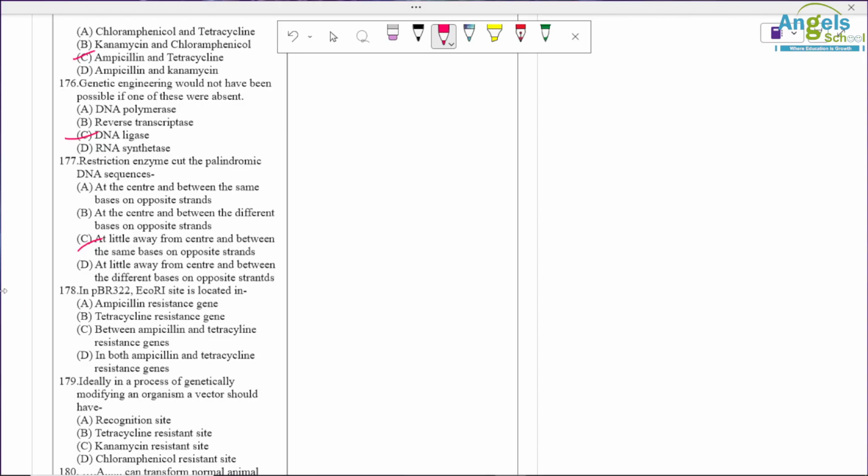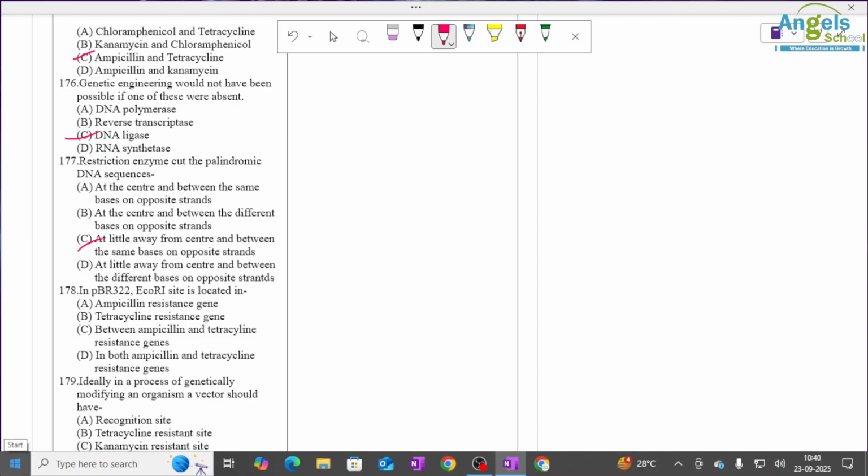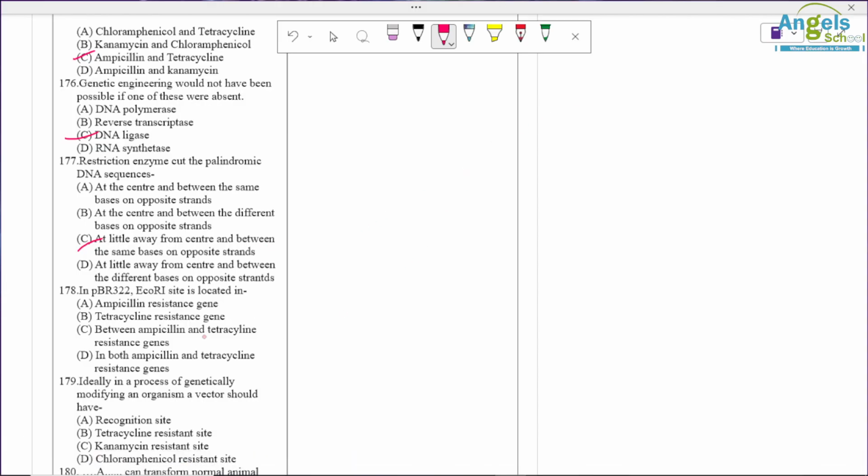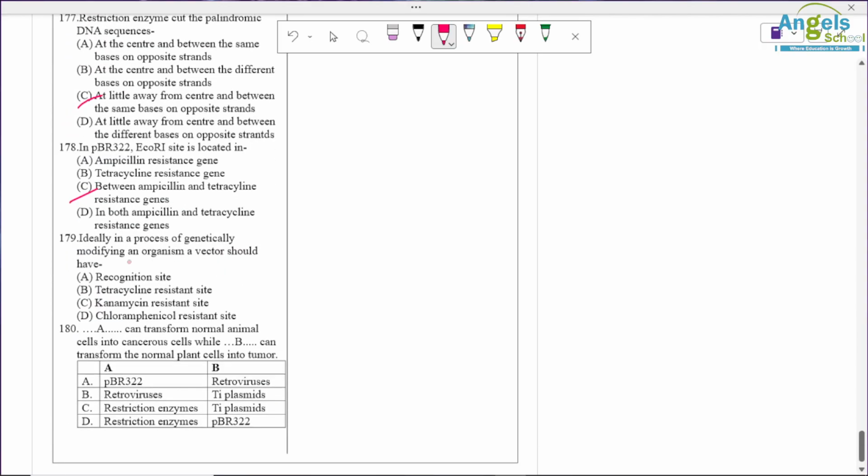In pBR322, the EcoRI site is located in between the tetracycline and ampicillin resistance genes. Ideally, in the process of making genetically modified organisms, a vector should have a recognition site, so we can do cloning.